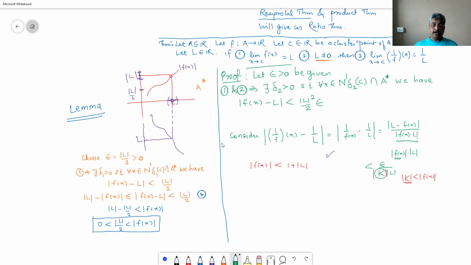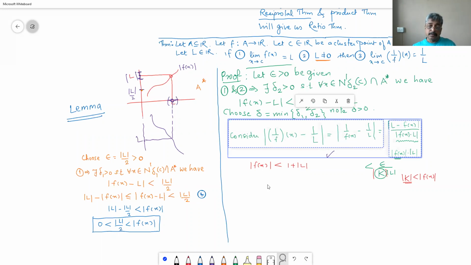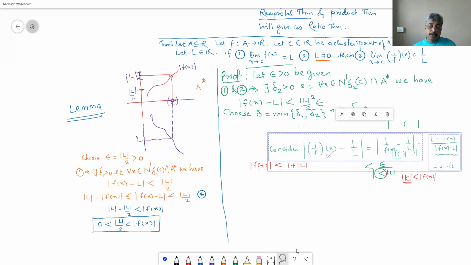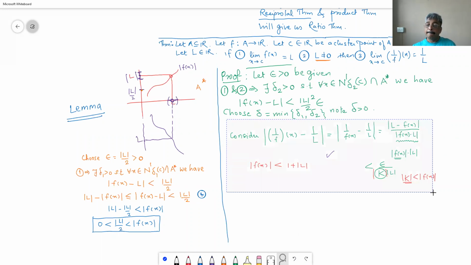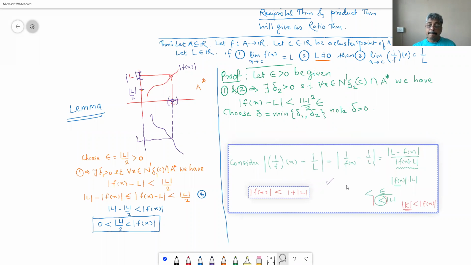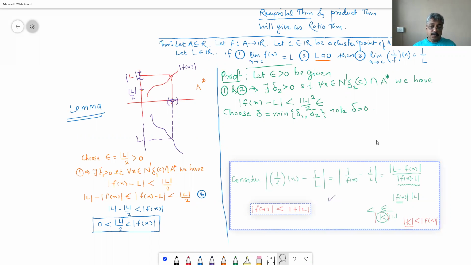This is delta 1. Now I am going to choose delta which is the minimum of delta 1 comma delta 2. Note delta is greater than 0. Okay.